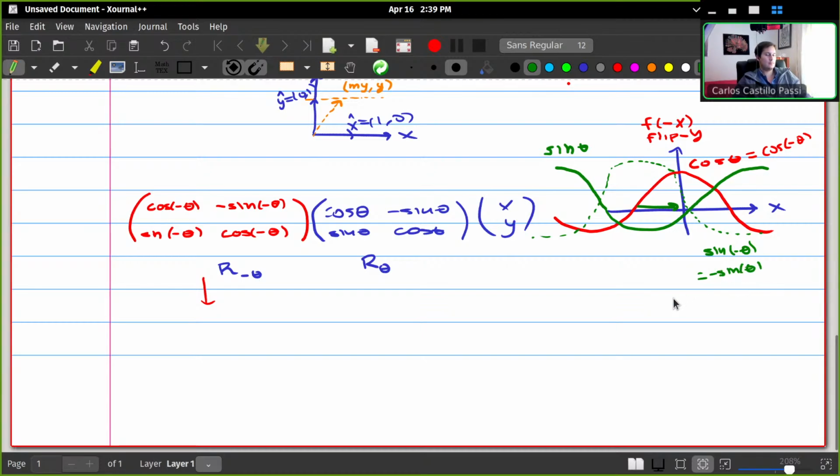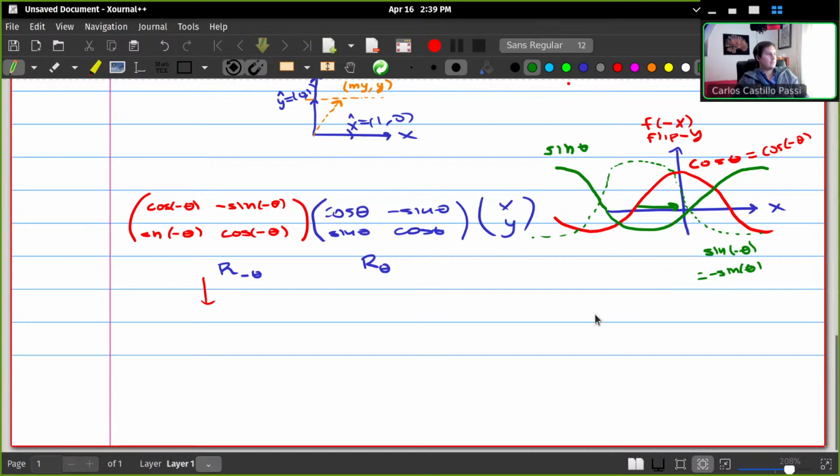Like this. So after flipping with respect to y, it's the same as the sine of theta, but flipped with respect to x. It's a little bit confusing, but look at the plots.